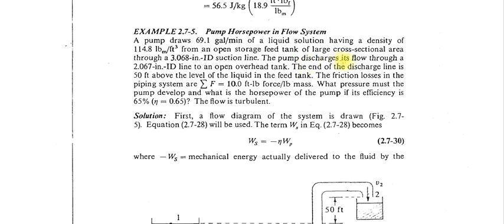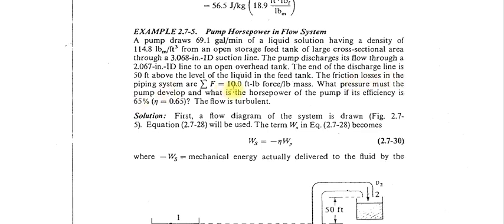The pump discharges its flow through a 2.067 ID pipe to an open overhead tank. The end of the discharge line is 50 feet above the level of the liquid in the feed tank. Friction losses in the piping system are given.